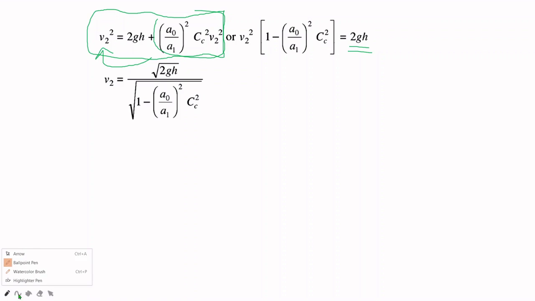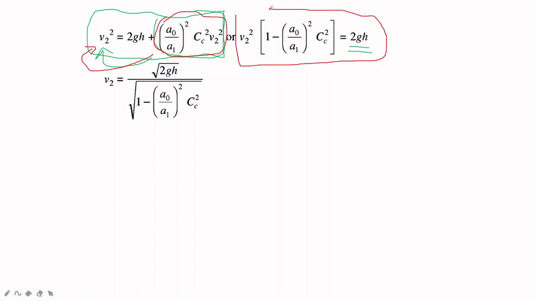Shifting this term to this side, V2 square minus A naught by A1 whole square Cc square V2 square. Then we take V2 square common: V2 square into 1 minus A naught by A1 whole square Cc square is equal to 2GH.